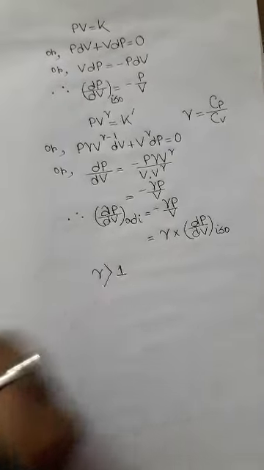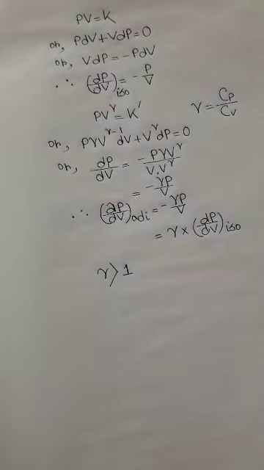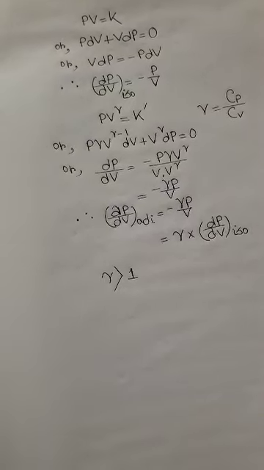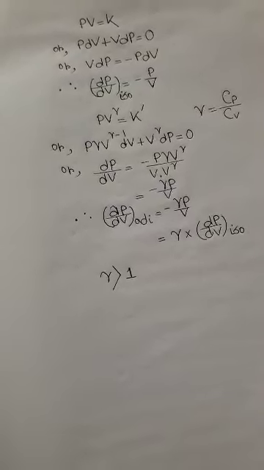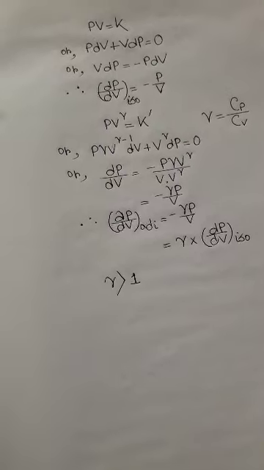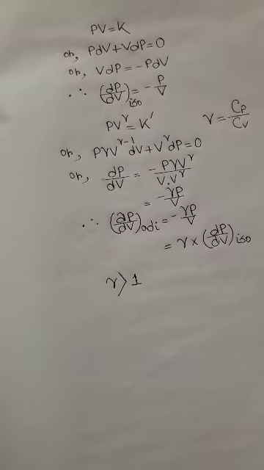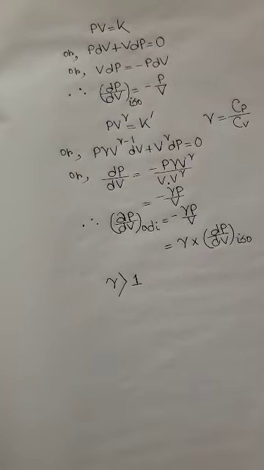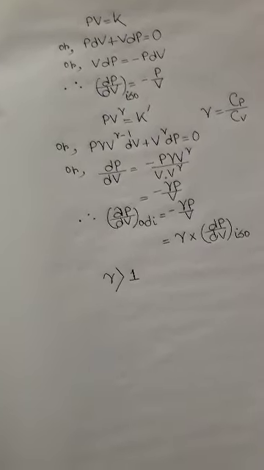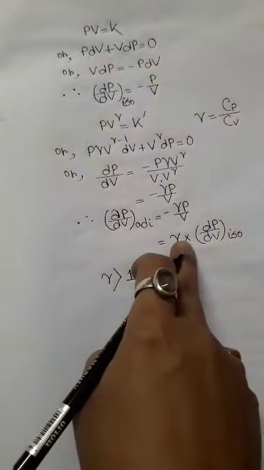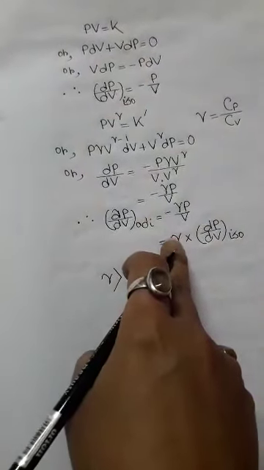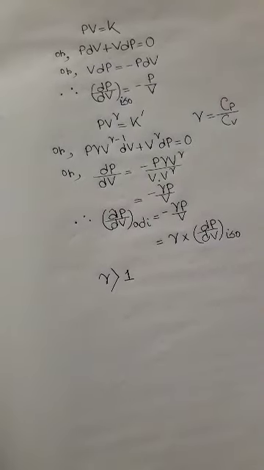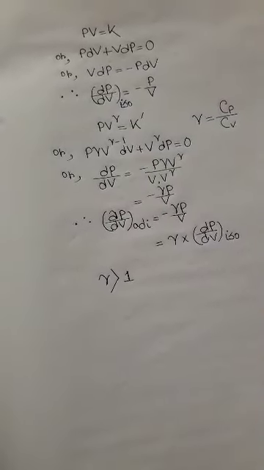For example, for a monatomic gas gamma is 1.6, for a diatomic gas like air gamma is 1.4, and for a triatomic gas gamma is 1.3. So for gases gamma is always greater than 1, and therefore the slope of the adiabatic curve is always greater than the slope of the isothermal curve.